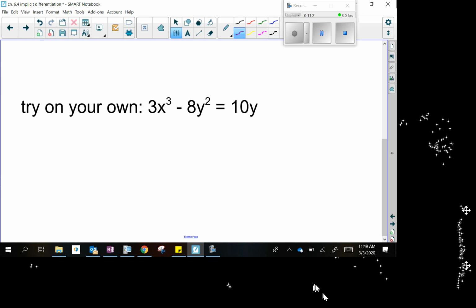It won't always be like that. But the dy dx just represents the derivative of y with respect to x. So you guys go ahead and try this one.